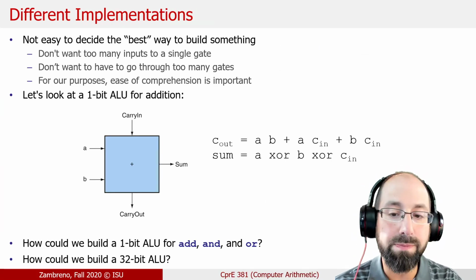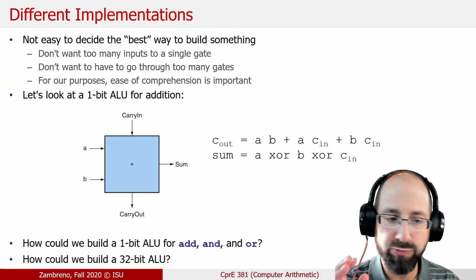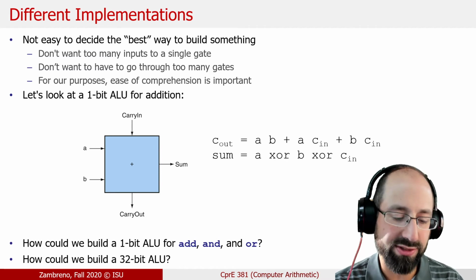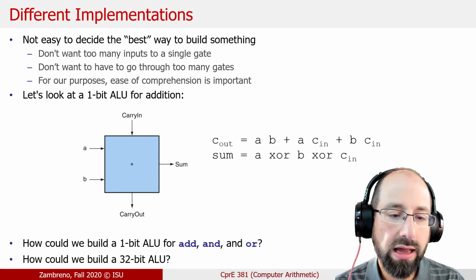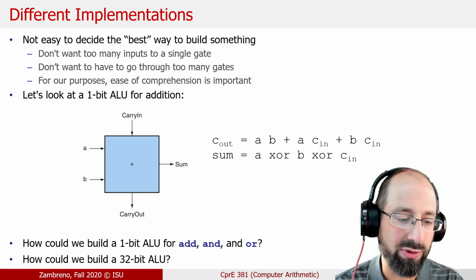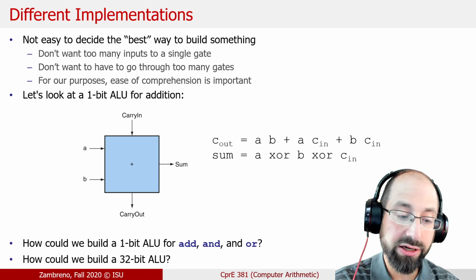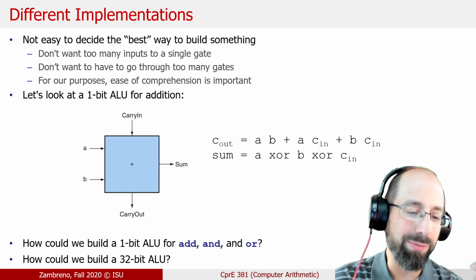I think the most important takeaway from that though is that there is no single best way to build something like an ALU. In fact, I think we tend to think of adder design, for example, as kind of a solved problem. We know how to build an adder. It's not that clear at all that we know how to build an adder.